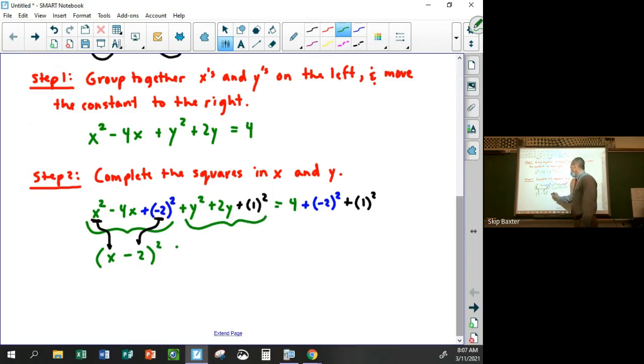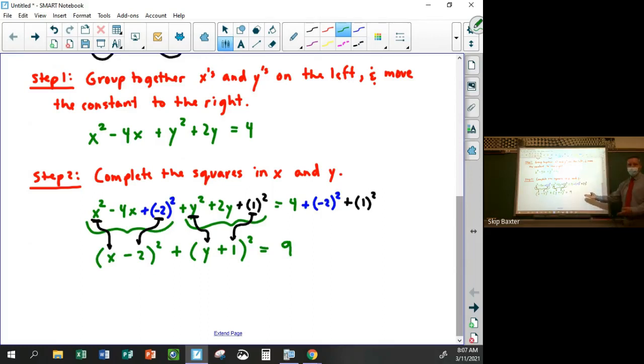These 3 terms are going to factor as y plus 1 squared. It's whatever's here plus whatever's here. And then on the right side, I can just simplify. 4 plus 4 plus 1 is 9.